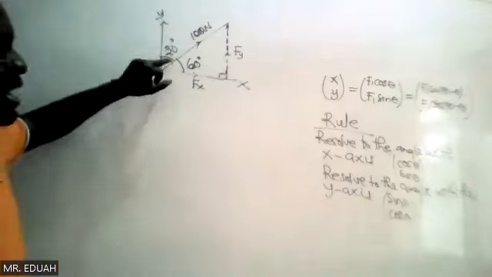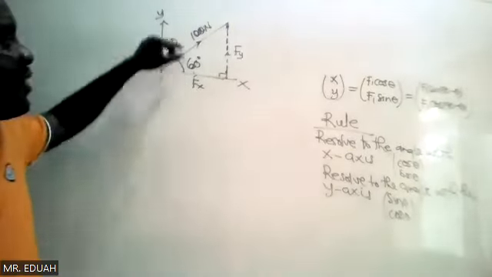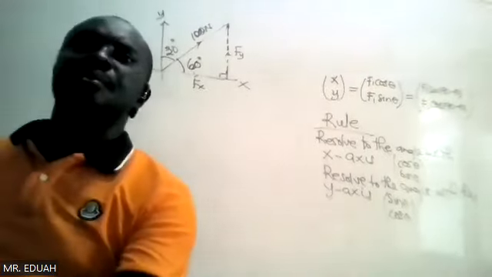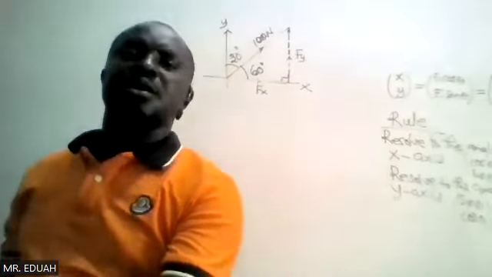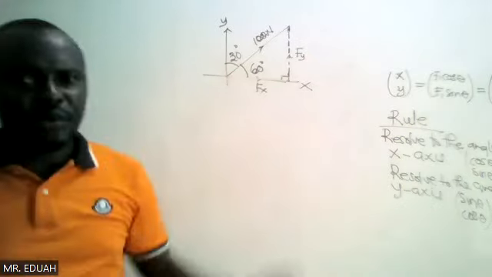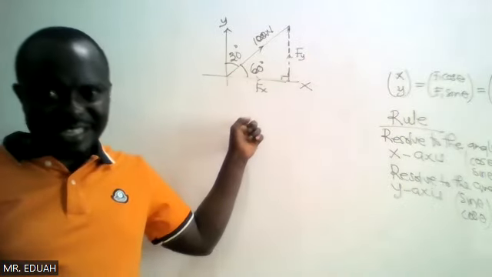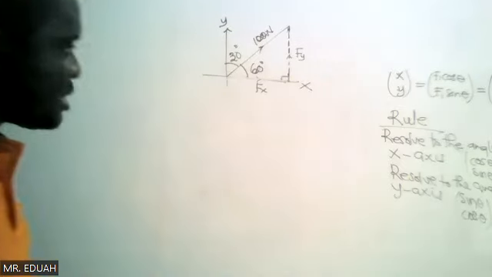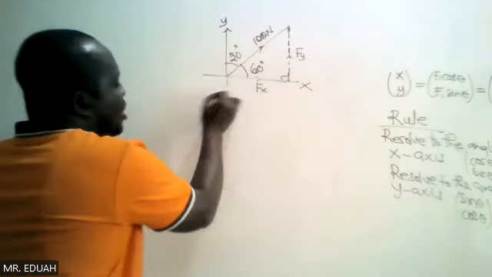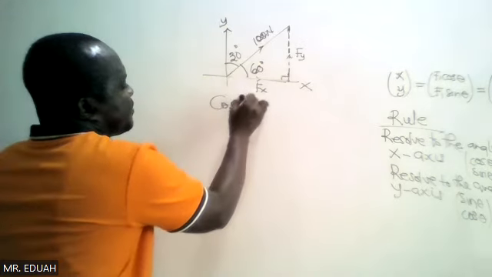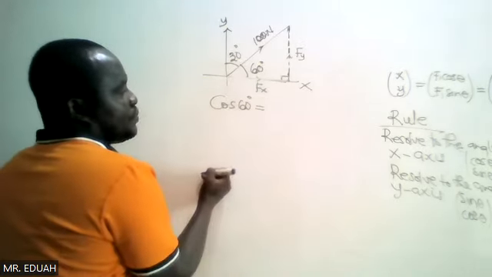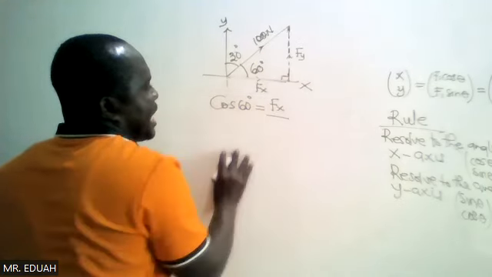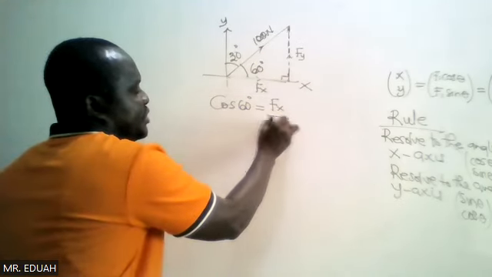We have the angle itself and the hypotenuse, so it must be cos. We are looking for the adjacent and we have the hypotenuse and the angle. So cos of the angle 60 is equal to the adjacent Fx over the hypotenuse, which is 100.